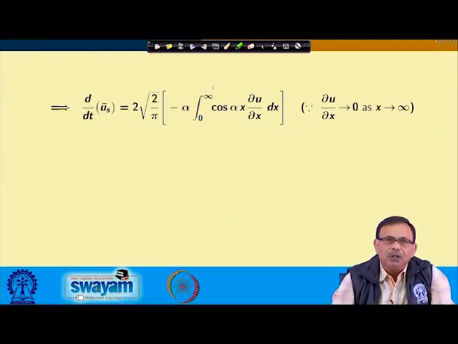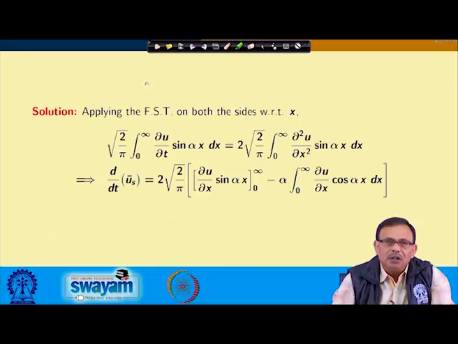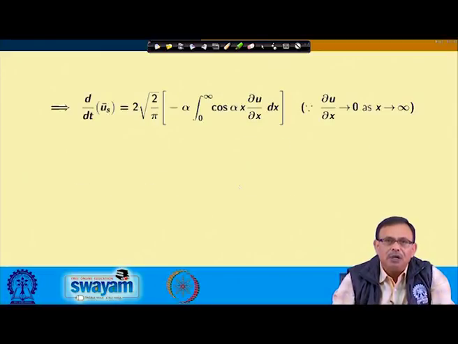Using the condition del u del x approaches 0 as x approaches infinity, the first term, the limiting term where you put the limits of x from 0 to infinity, will vanish. So, only the second integral will be there.